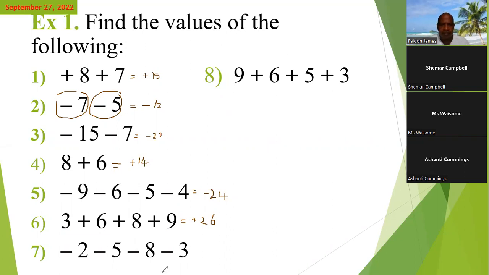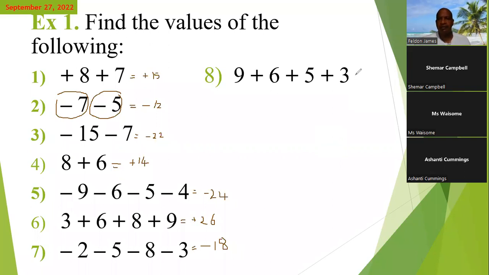All right. What about question 7? -18. What about question 8? Question 8, guys. Positive 23.